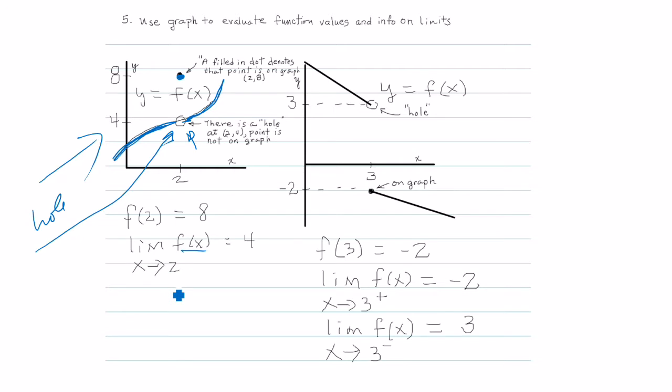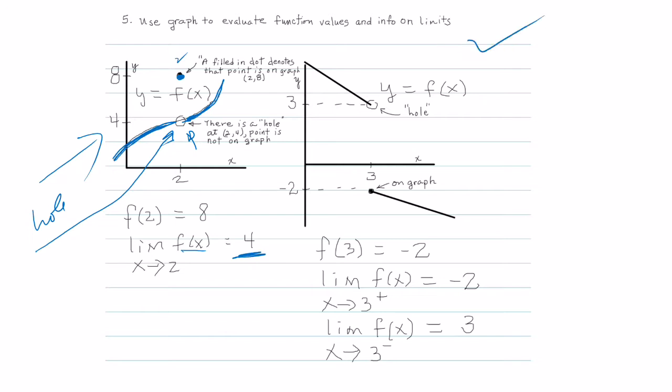Well, don't make a mistake and say the limit is 8. That's the function value at 2, but as x gets closer and closer from both sides of 2, it approaches 4. So the limit is 4.